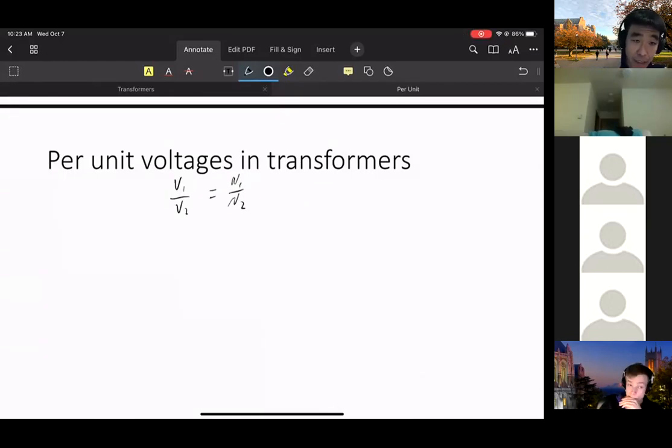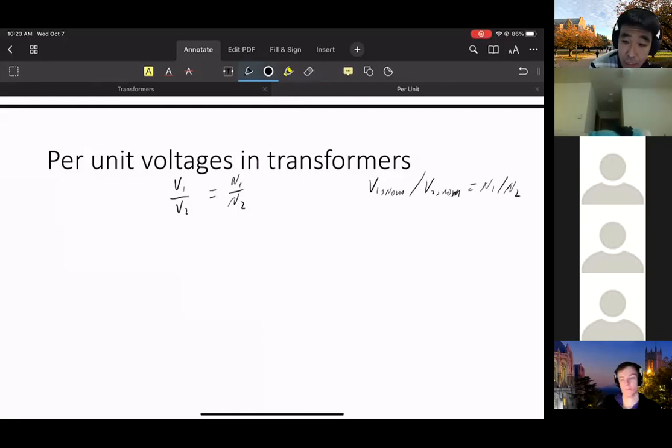Then let's make the following choice. We know for a transformer, the rating is such that the nominal voltage ratio is the same as N1 over N2.